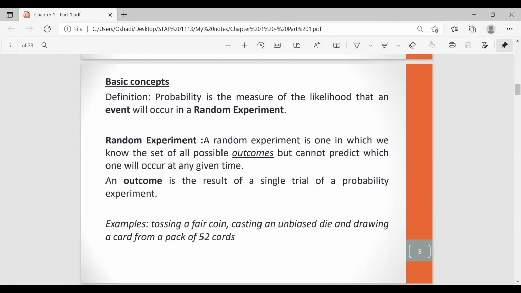In each there are 13 cards. So we know the outcomes when drawing one card. We know all the outcomes, but we can't predict which card is going to be selected at any given time. So those are examples of a random experiment, right?